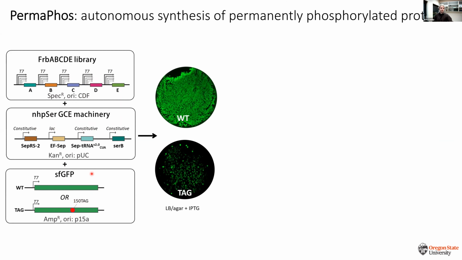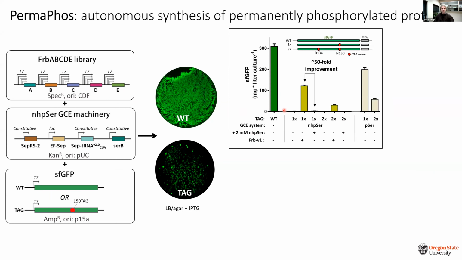So we were really excited when we did this, and we found that indeed cells containing the TAG codon were starting to fluoresce, and they did at different levels depending on what pathway they received. And so we screened a large number of these different clones and pathways, and we were really excited to find one in particular that, when we used the biosynthetic pathway, gave about a 50-fold improvement in total protein production compared to cells that were synthesizing GFP when the amino acid was added to the media.